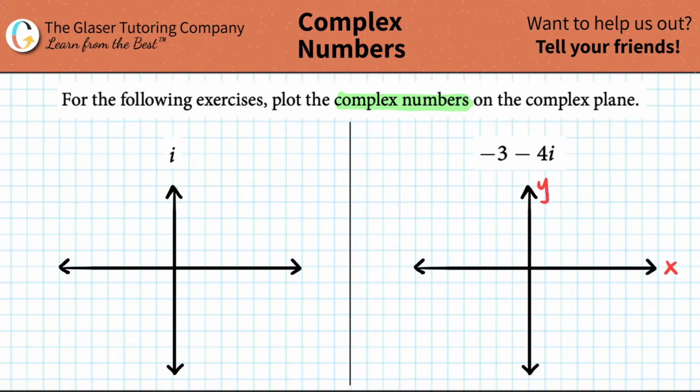Now remember, on a regular plane, the horizontal is always the x-axis, and the vertical is always the y-axis, right? So usually a plot would always be x comma y. However, in complex numbers, the real value always comes first, and the imaginary number, the one that has the i in front, is always last.